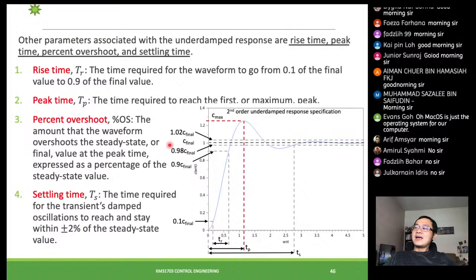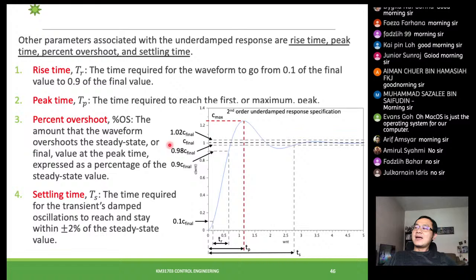You have to check from which point it no longer goes beyond this range. It can go up again and then fall down, so it depends on which line it touches. From that point onwards, you draw a line and measure the settling time.